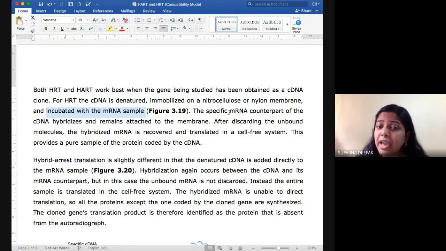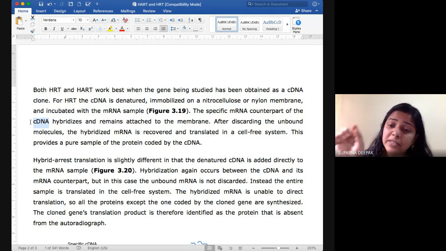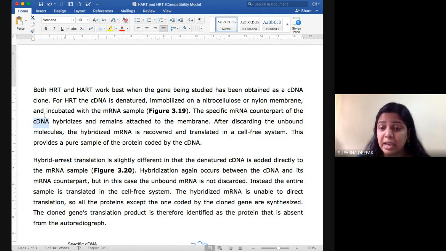So the specific mRNA counterpart of the cDNA hybridizes. That means the mRNA of our interest, which we are trying to see whether the cell is expressing or not. So we use the cDNA which is complementary to that specific mRNA. Agreed? So that specific mRNA will get bound to that cDNA, which is already attached to the membrane.